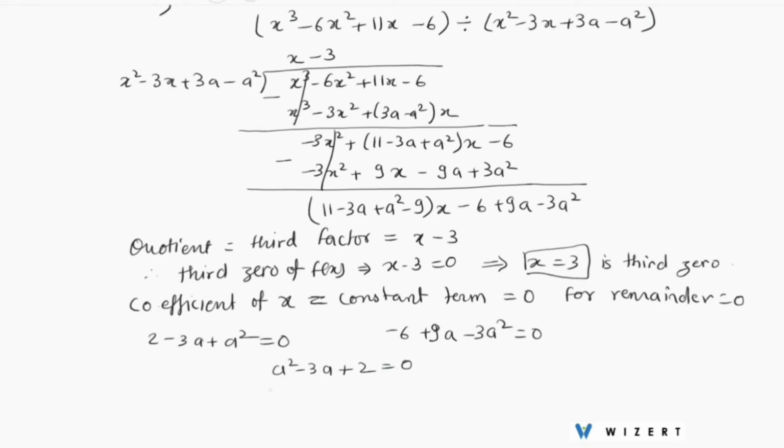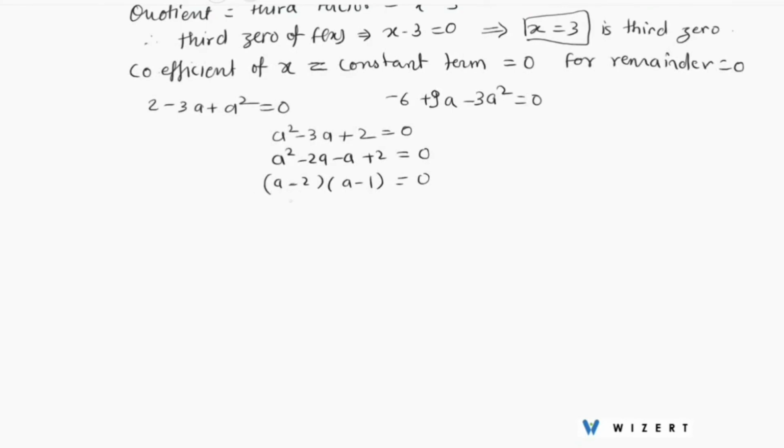So we'll solve this one. We have a square minus 2a minus a plus 2 equal to 0. So we have a minus 2 and a minus 1 as factors. Therefore we can say a is equal to 2 or a is equal to 1.